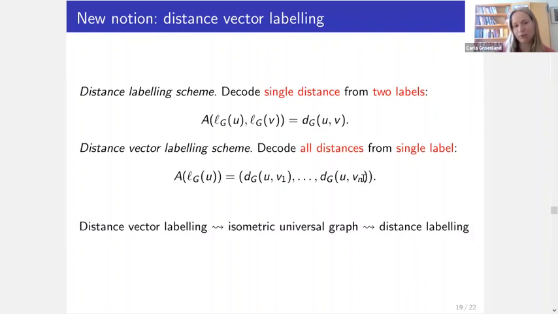And as I alluded to before, these isometric universal graphs give you distance labeling schemes, but for these distance vector labeling schemes, it turns out that they do give you an isometric universal graph. So in order to construct these, we just have to construct good distance vector labeling schemes. I think this implication is quite easy to see. This one is not super difficult, but it takes a bit more thinking, I think.